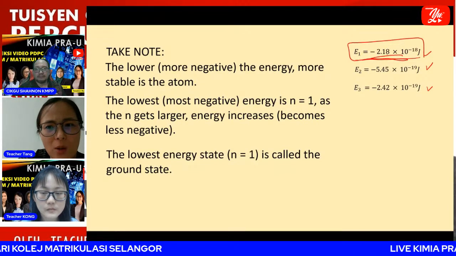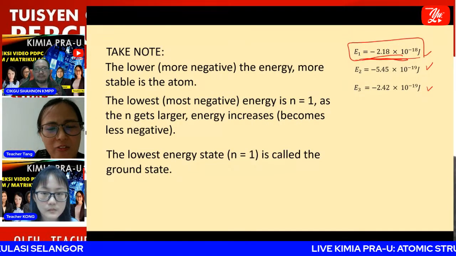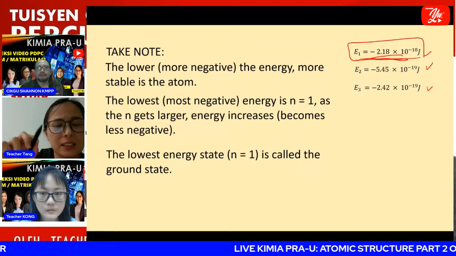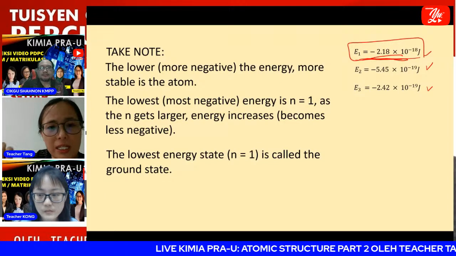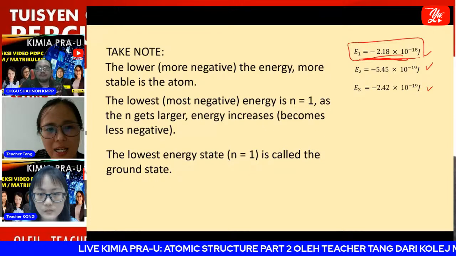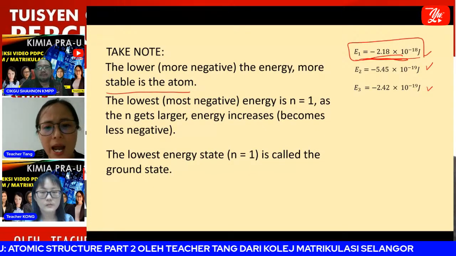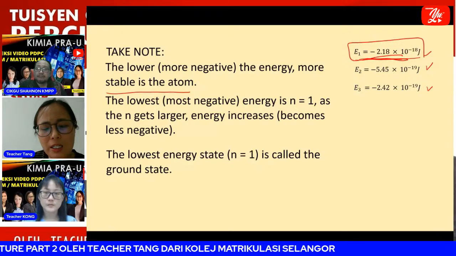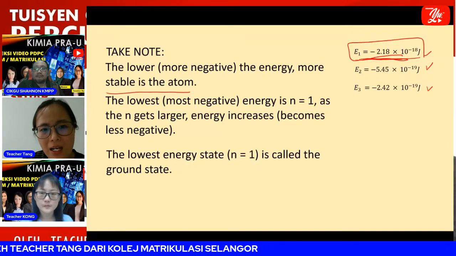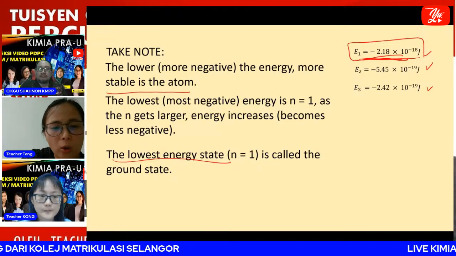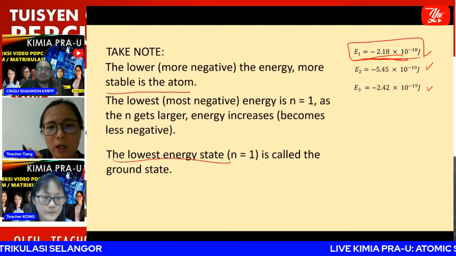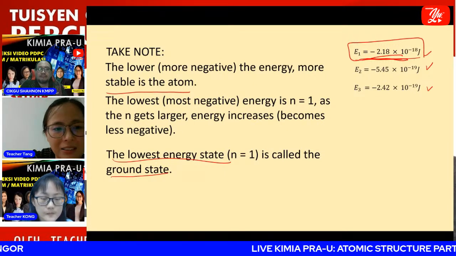When the energy is most negative, it means the electron is at the most stable state. So the whole hydrogen atom is at the most stable state. When the electron is at n equals 1, the lowest energy state, we call n equals 1 the ground state.